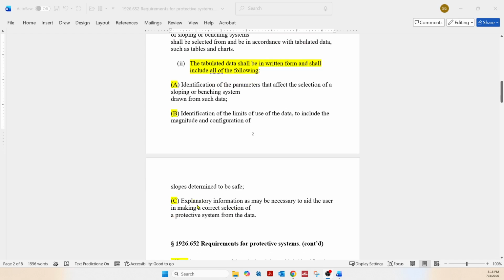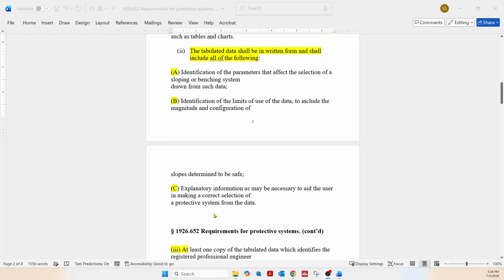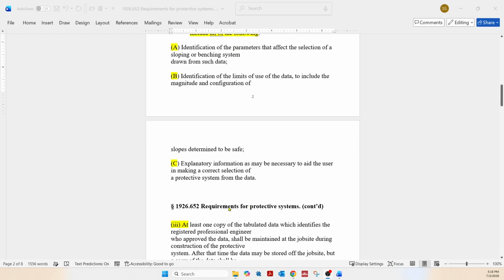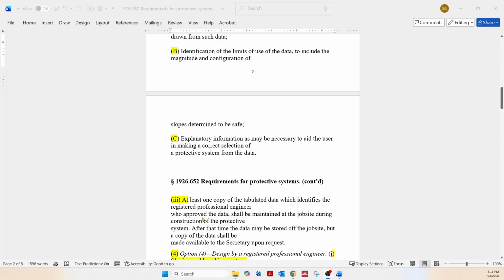Explanatory information as may be necessary to aid the user in making correct selection of the system from that data. Now, no, that's just continued. At least you've got to give something to the Secretary of Labor here, I think.